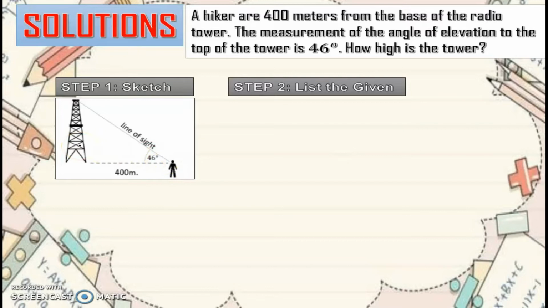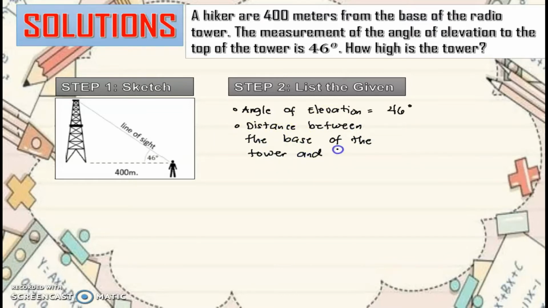Step 2, we're going to list the given. The given are, first, the angle of elevation, which is 46 degrees, and the distance between the base of the tower and the hiker, which is 400 meters. We are looking for the height of the tower.